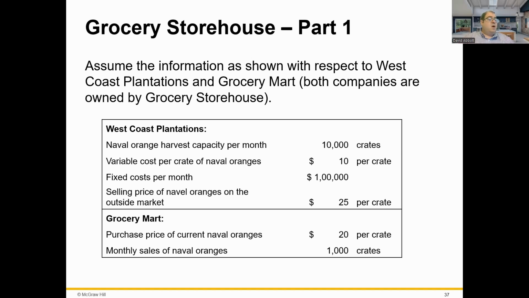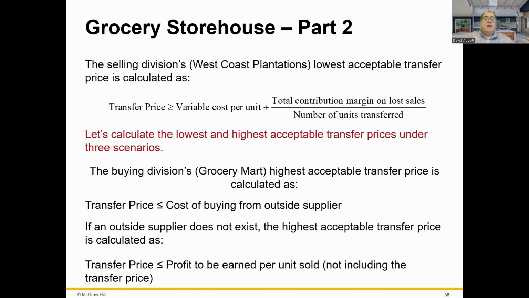Now, if Grocery Mart has no outside supplier for comparable oranges, then its highest acceptable price would be equal to the amount it expects to earn by selling the oranges, net of its own expenses, if it couldn't get them from anywhere else. Now we'll calculate the lowest and highest acceptable transfer prices in this scenario.